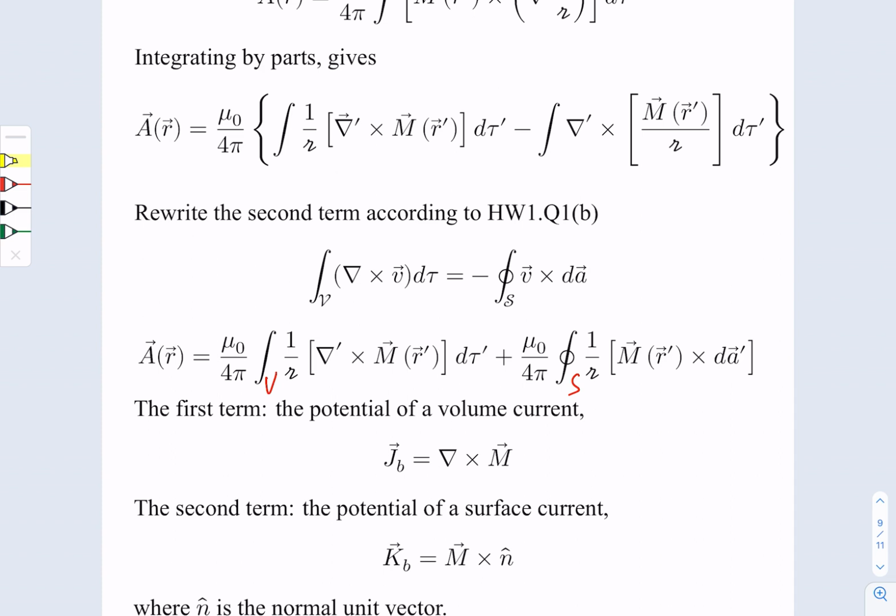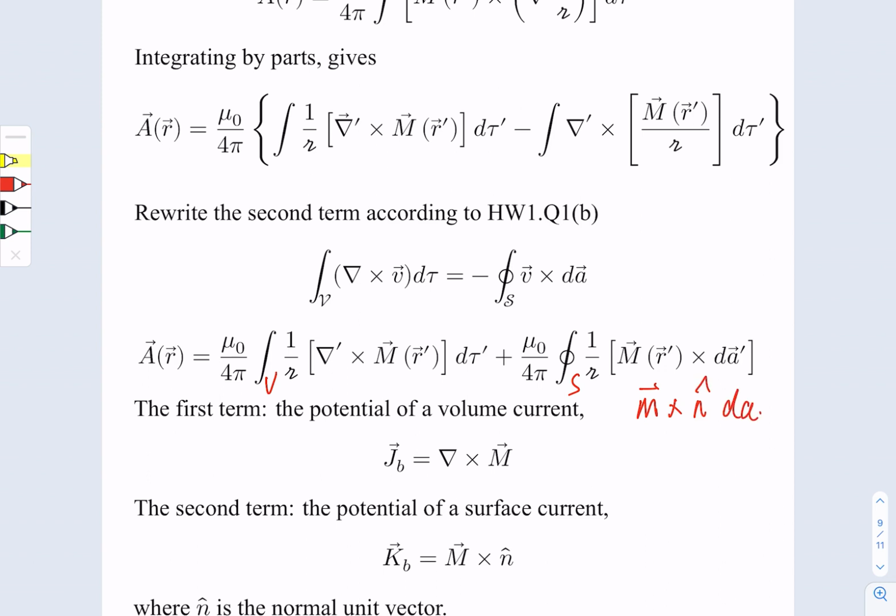So this del cross M we can replace by the volume current J, because this is exactly what a volume current produces in the vector potential. The second term is actually a form of surface current, and we can rewrite the right hand side as M cross n hat dA.